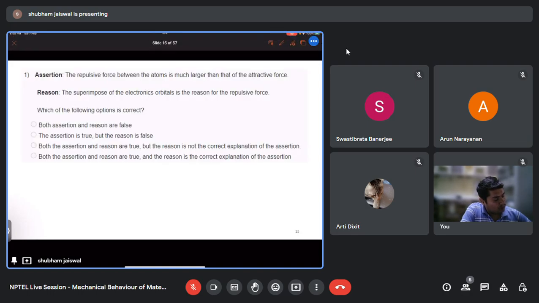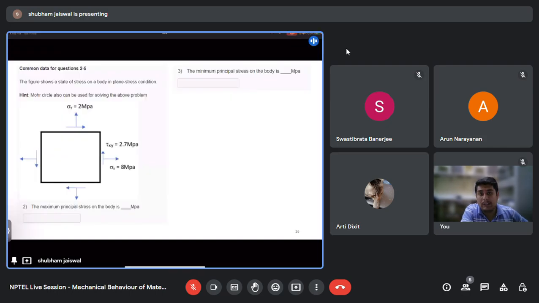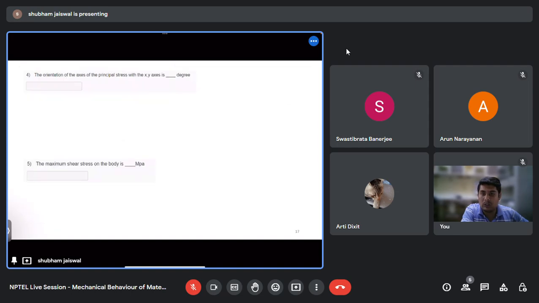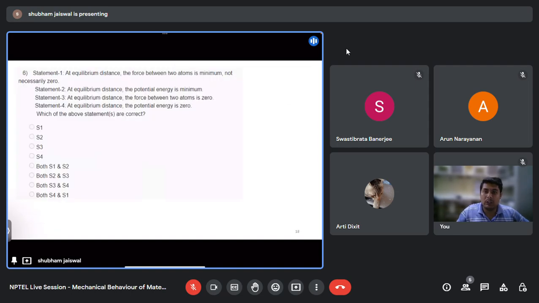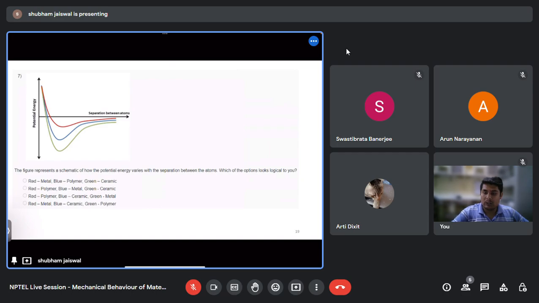So here you can see question one is there, an assertion and reason question. We have done this yesterday. What about this one? This also you have discussed. Let me check.